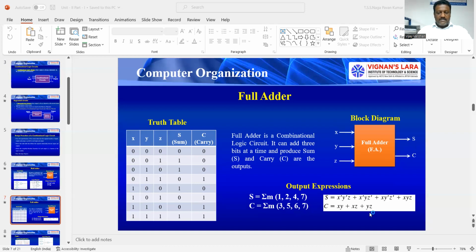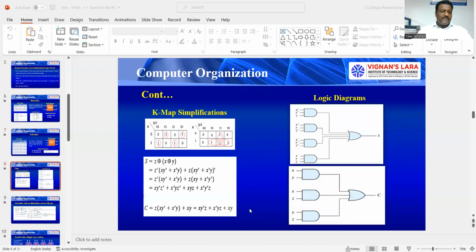If you simplify this, then we get these expressions. Unfortunately, the sum is not simplified here. Okay, then what do we have to do? See here, friends. If I use K-map simplification, the sum is 1 for 1, 2, 4, and 7, and all these are isolated.